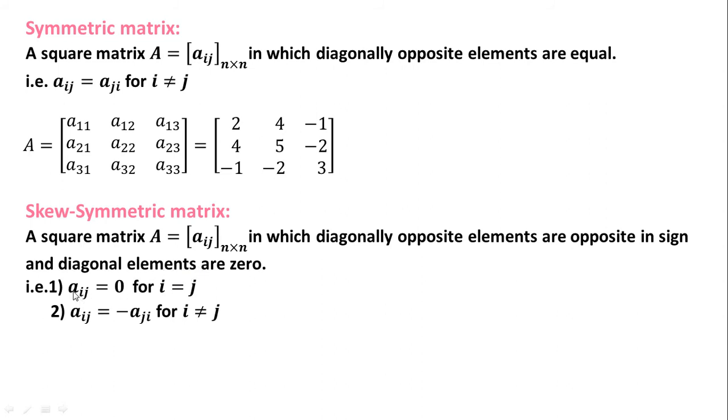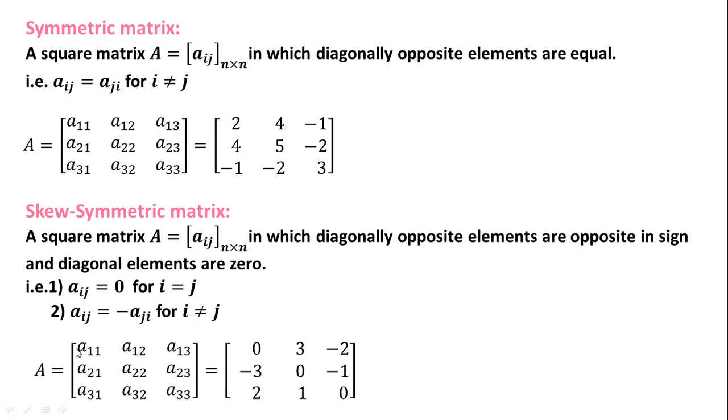So symbolically it is given like this: Aij is equal to 0 for i equal to j. i equal to j means diagonal elements. So all the diagonal elements are 0, and diagonally opposite elements are opposite in sign means Aij is equal to minus Aji. By one example we will clear this idea.